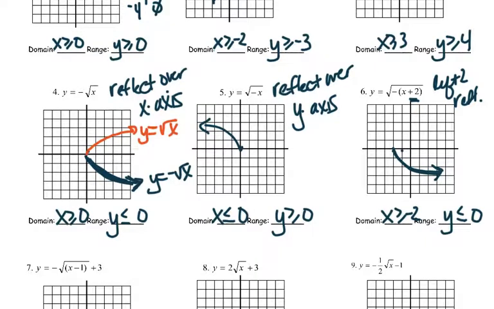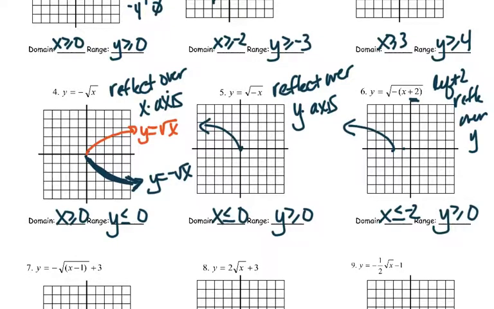I did that wrong, didn't I? I did. I'm sorry. It's reflected, but it's reflected over the y. It's okay to see me make a mistake, right? Reflected over the y-axis. So it is left 2, but it should go that way. So the domain is less than or equal to negative 2, greater than or equal to 0.